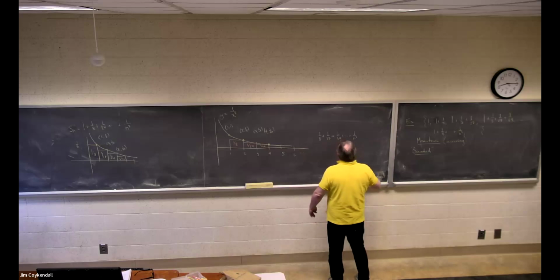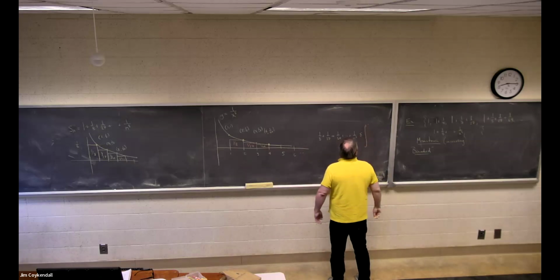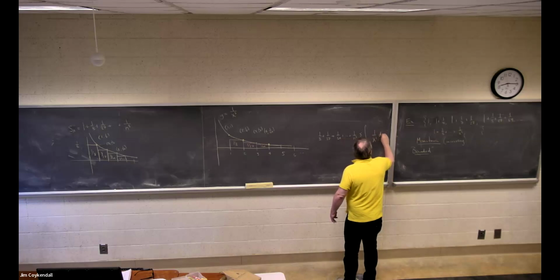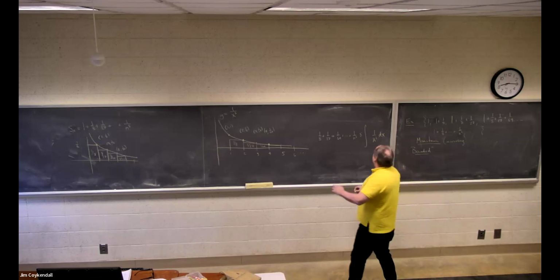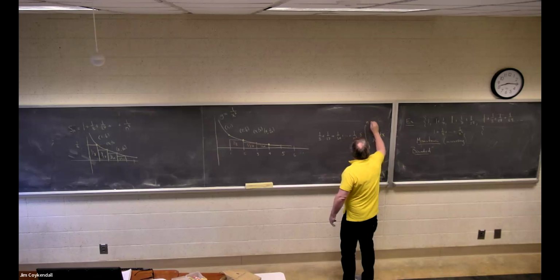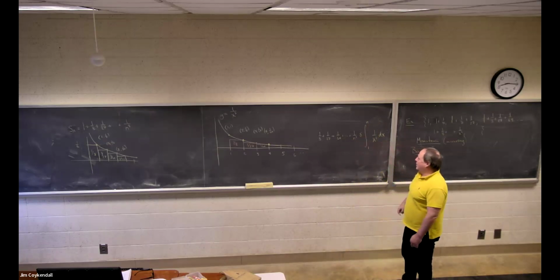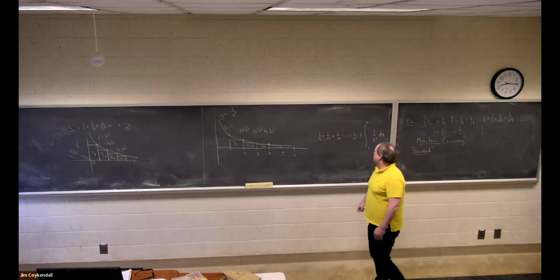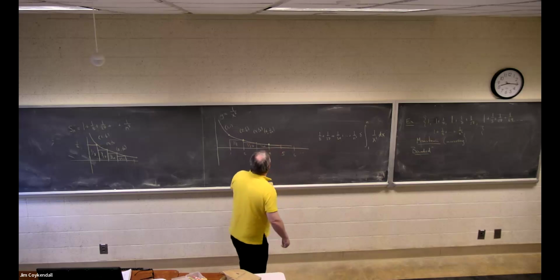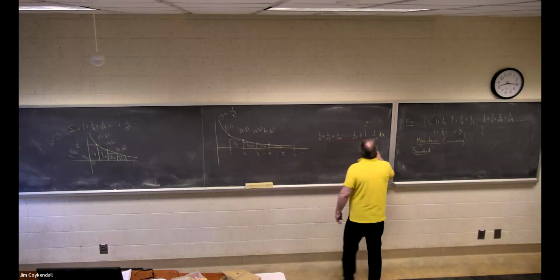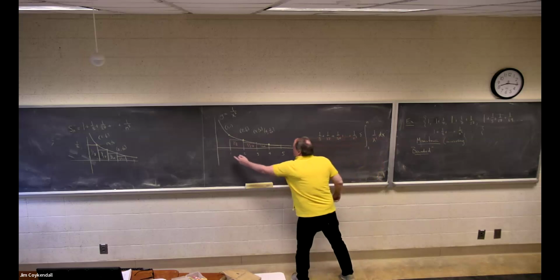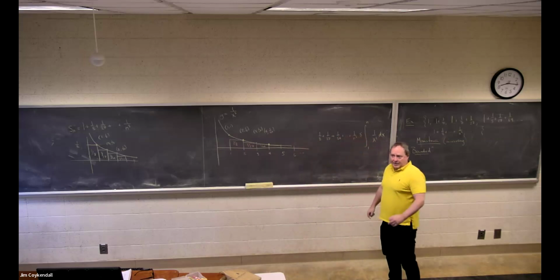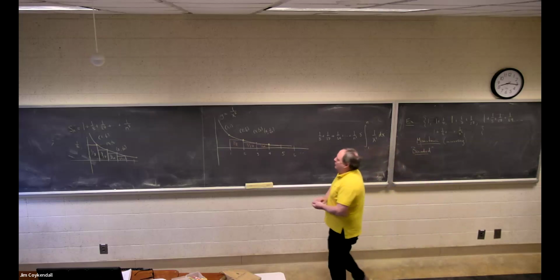So for example, 1/8 is less than or equal to the integral from 1 to 2 of this function. 1/8 plus 1/27 is less than the integral from 1 to 3, 1/8 plus 1/27 plus 1/64 is less than the integral from 1 to 4, etc. Everybody okay with it? So let's go back to our S_n here.